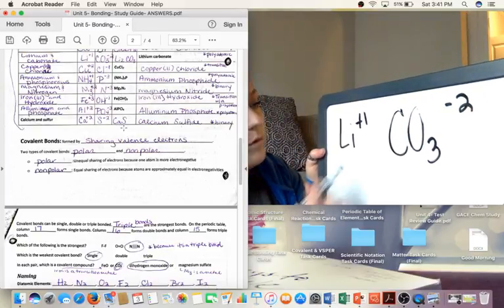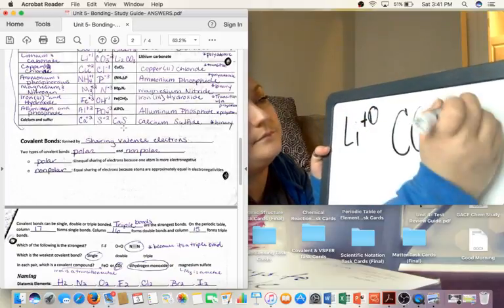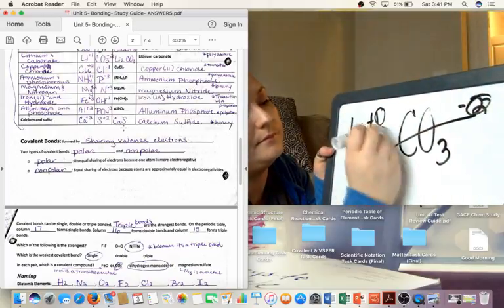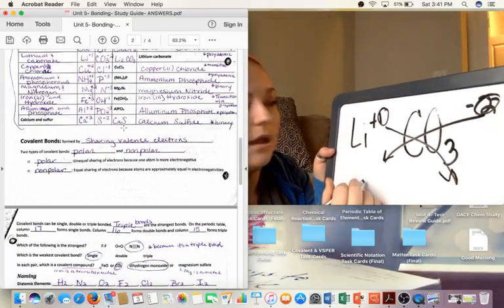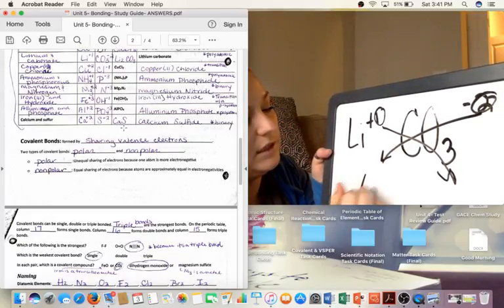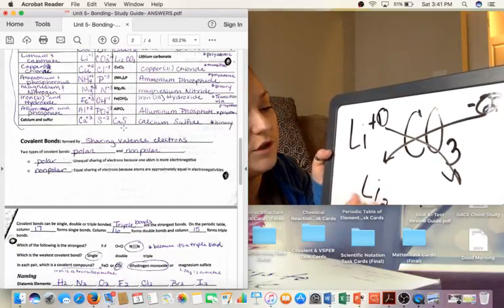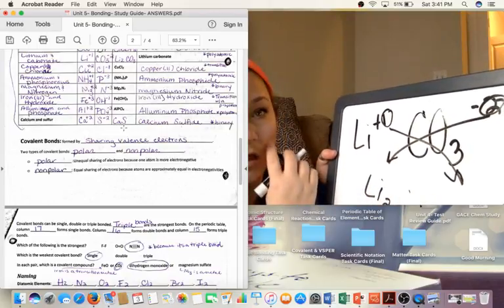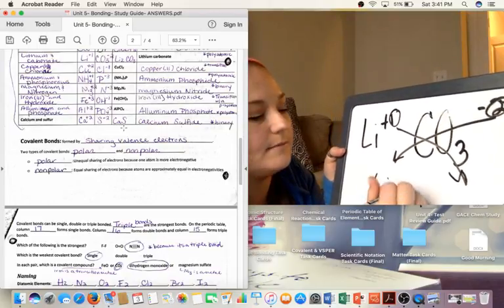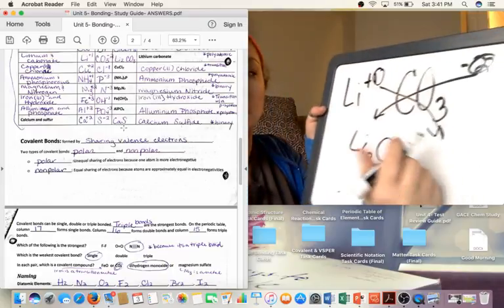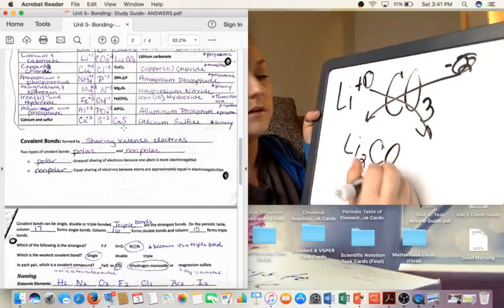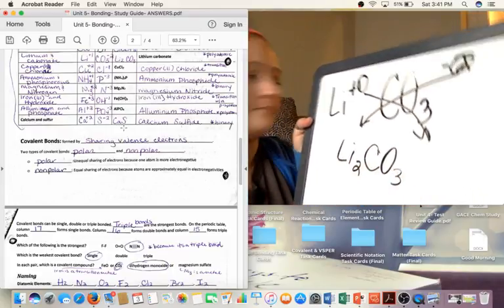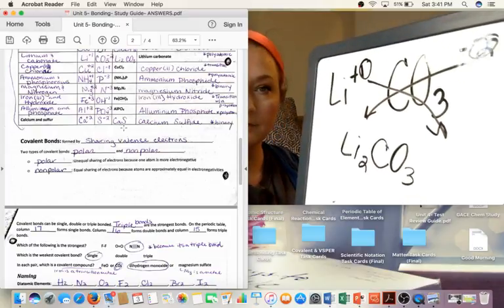So, crisscross them. And when you do that, lithium becomes 2, and because there's no increase on carbonate, he stays at CO3. All right.